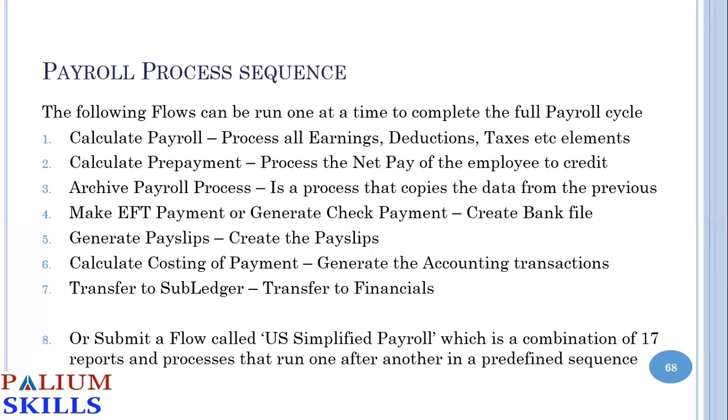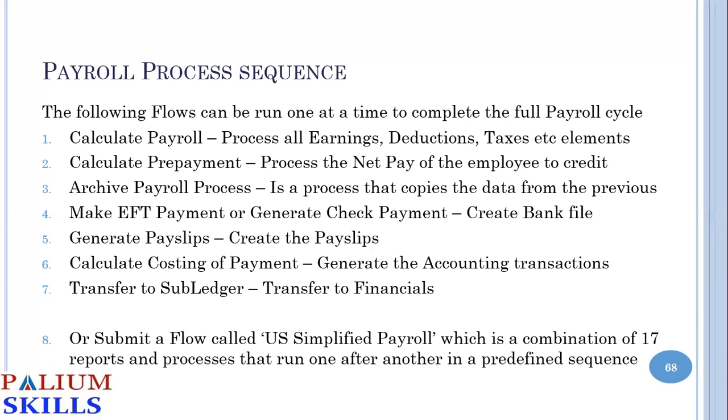Then we submit the prepayment process. What will the prepayment process do? It will look at the payment method of the employee, whether it is bank payment method, check payment method, or cash payment method.